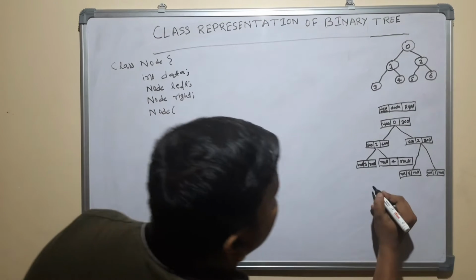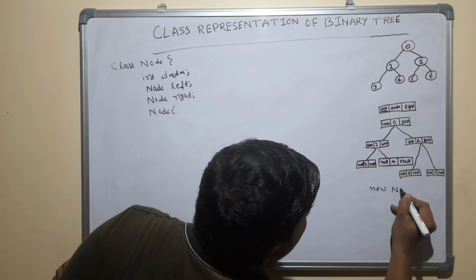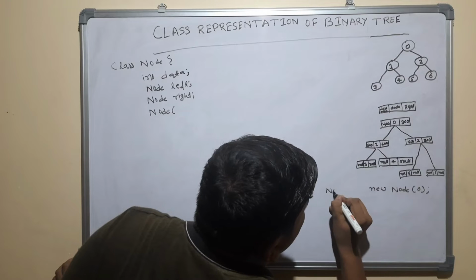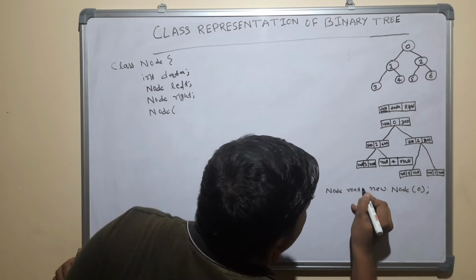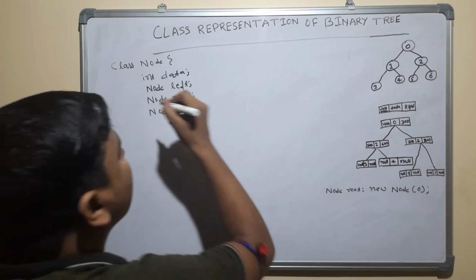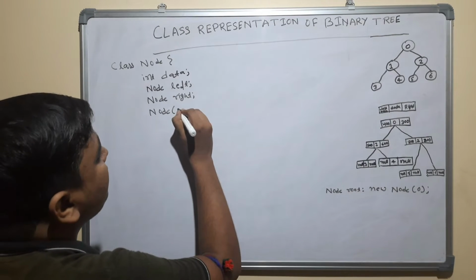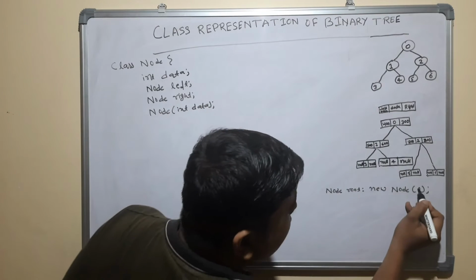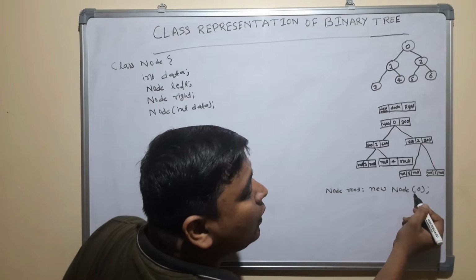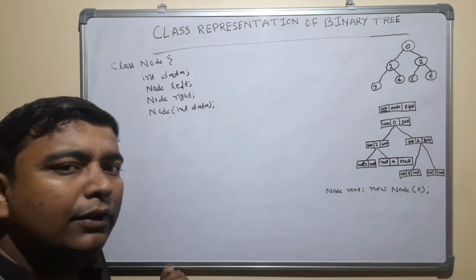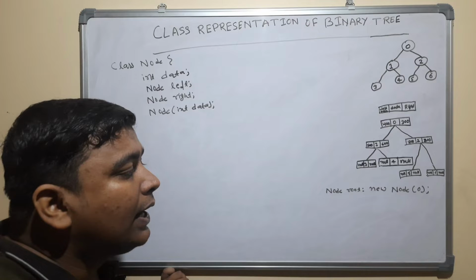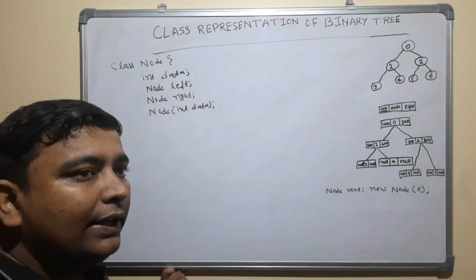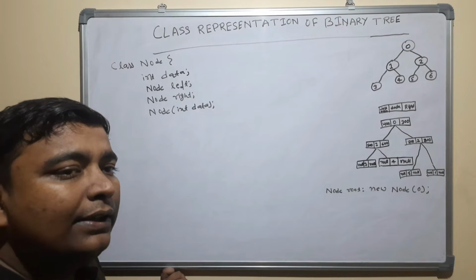Whenever I put here new Node(0), this constructor will be called. It will take data. When you call Node(0), it means we want one node whose data is 0 and whose left and right are null.